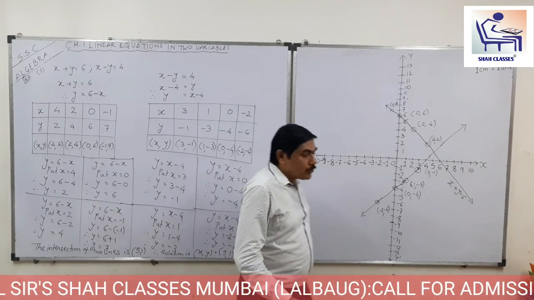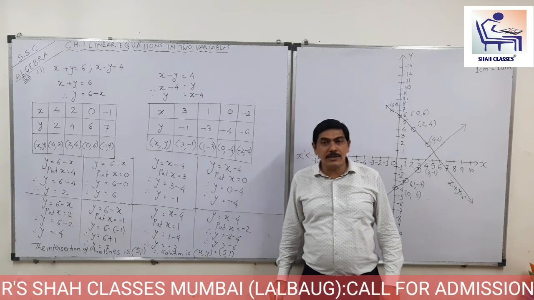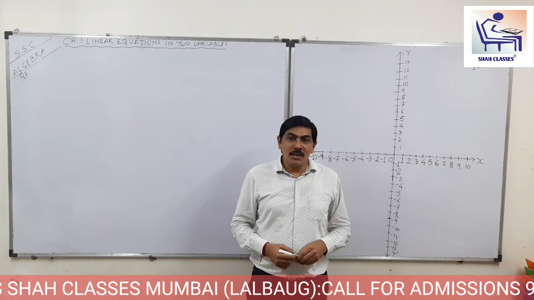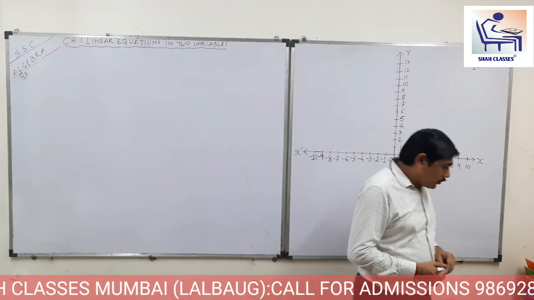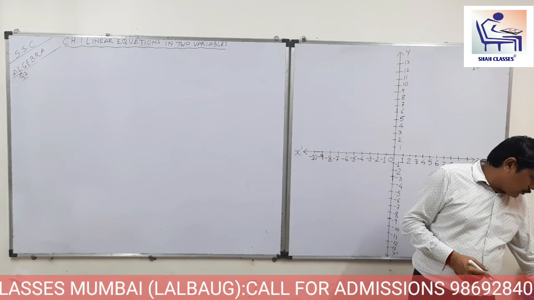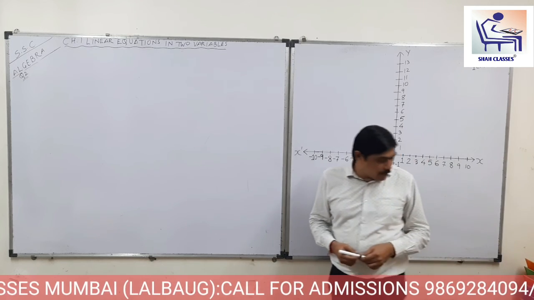Now, we have to move towards the second question. Let's move to the second sub-question. So, your question number 2, in that your sub-question 2 is x plus y is equal to 5.